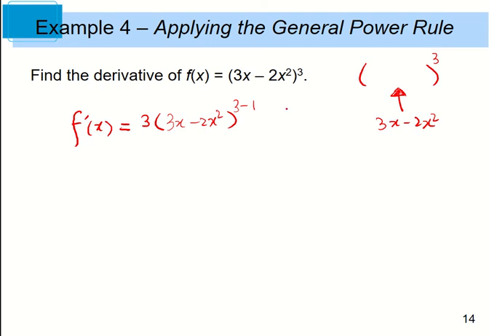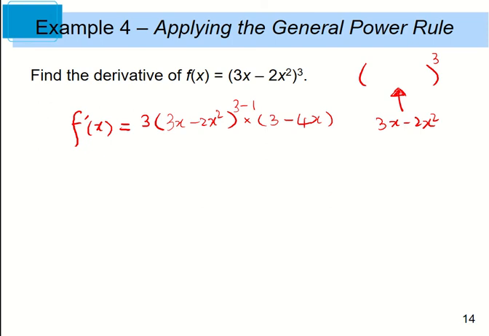Now we differentiate the layer inside. Differentiating 3x gives 3, minus, differentiating 2x squared, 2 multiplied by 2 gives 4, and the power minus 1 is x only. After that we multiply by the differentiation of the layer inside.